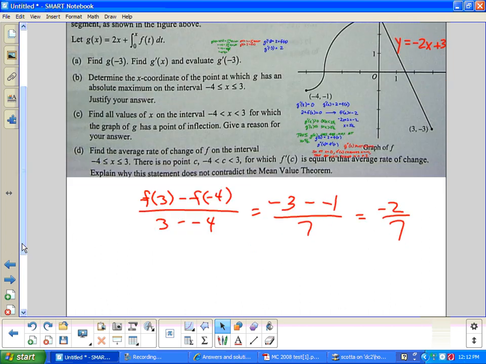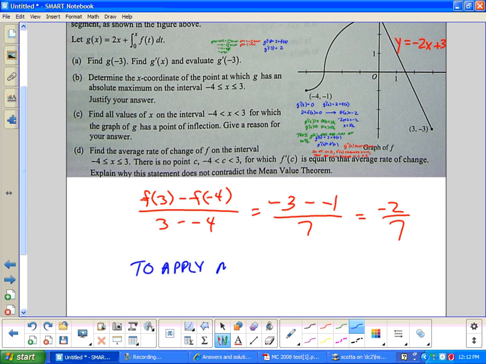Now the reason that the mean value theorem fails is that to apply the mean value theorem, which again you should probably write out, the function must be differentiable on the interval.